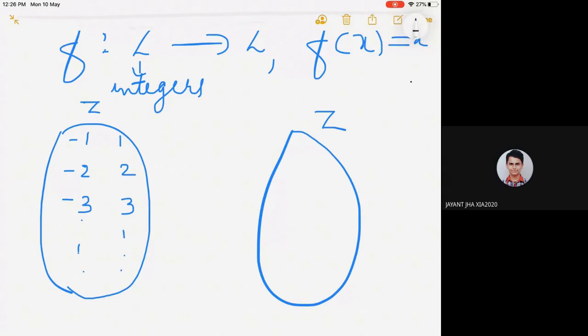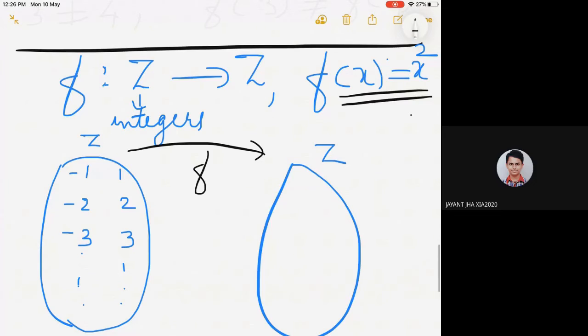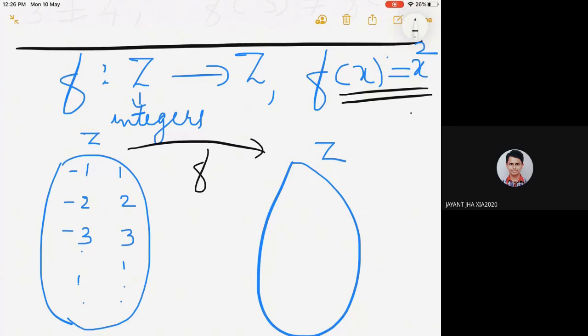So according to this function, what is the image of x? Image of x is x square. Means if you want to find the image of 1, it will be f of 1. f of 1 is known as the image of 1. According to the question, it is 1 square, so the image of 1 is 1.